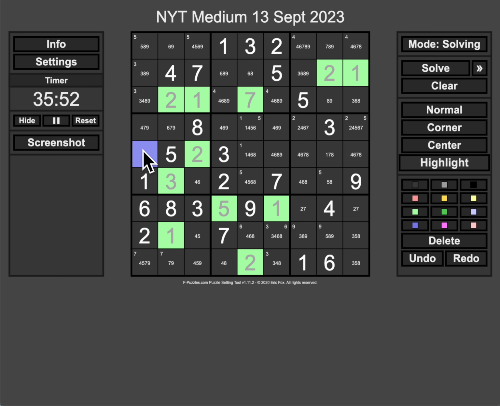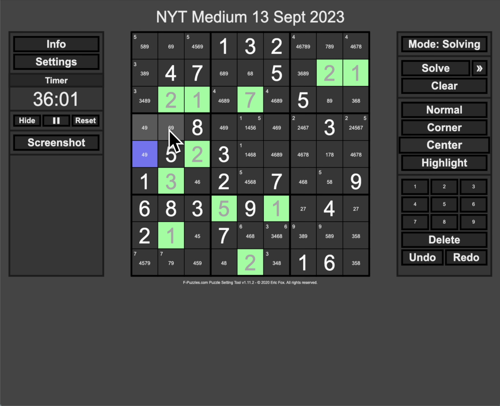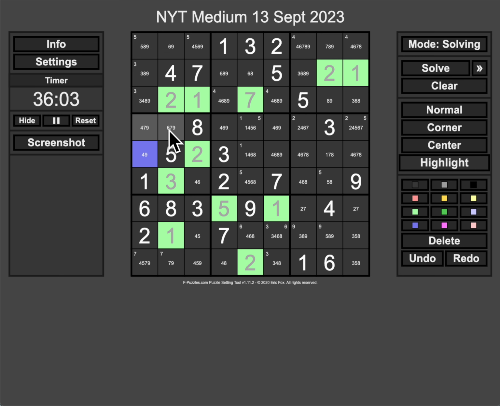I'm going to highlight this cell to let me know that this is where I went down that train of thought. Now, with the 7 here, oops, I meant to do shift to say corner marking. 7's in one of these 2, which means it can't be one of these 2.